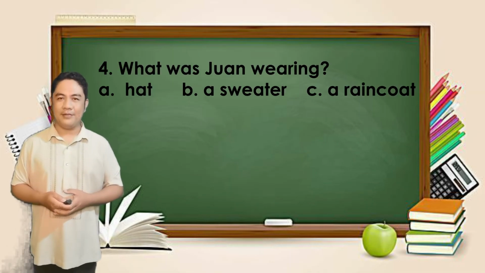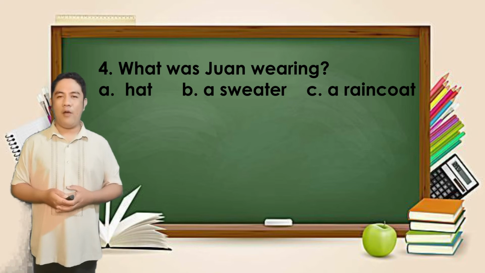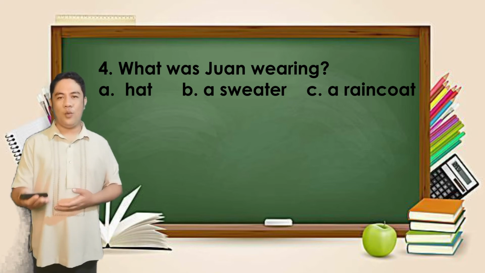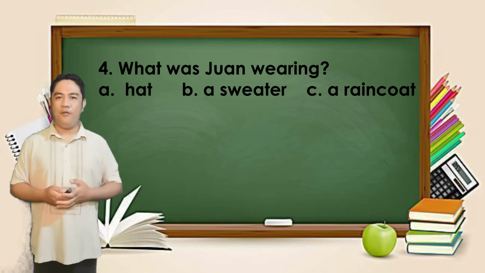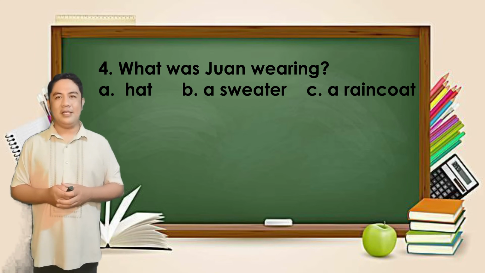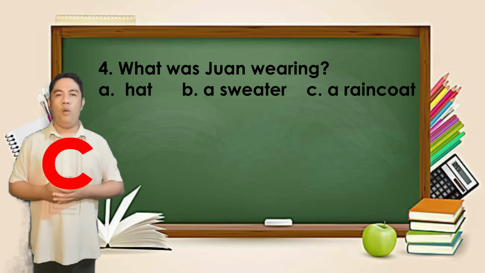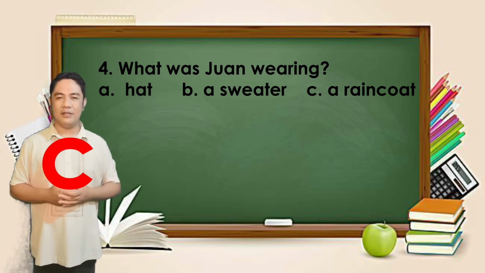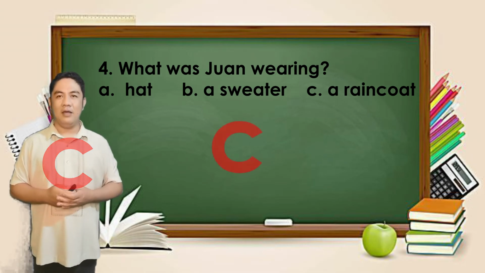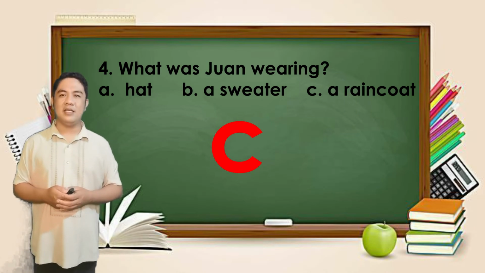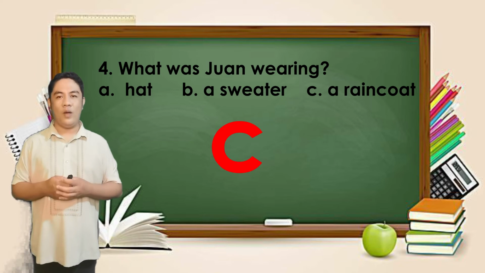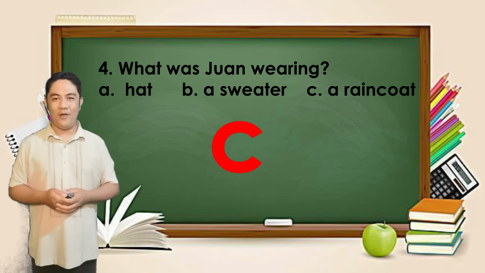For number 4, what was Juan wearing? A. Hat. B. A sweater. C. A raincoat. For number 4, the correct answer is letter C. Juan is wearing raincoat. Why? Because the weather on that time was rainy, and that was mentioned in our story.